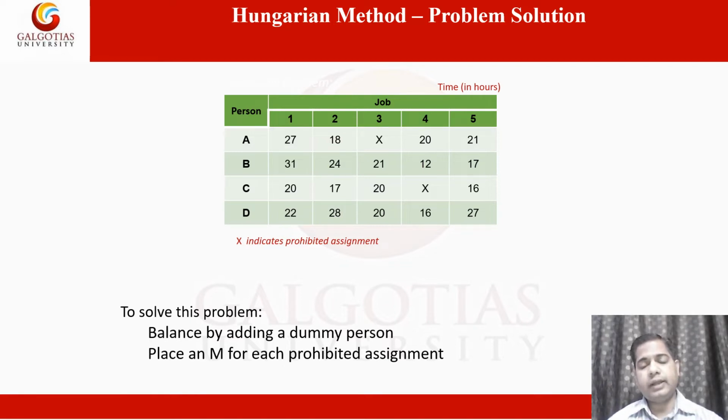Again, there are 5 jobs and 4 persons, so this is an unbalanced assignment problem. First we have to make it balanced. To make it balanced, we use a dummy row or a dummy column. If we have fewer persons, we have to use a dummy person.